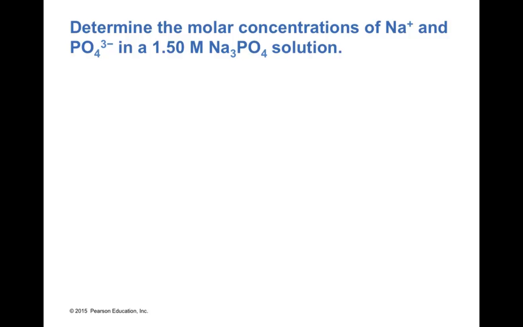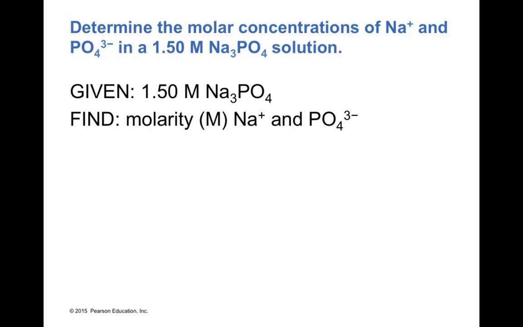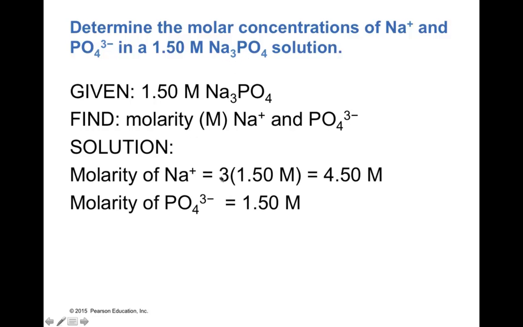What we have is the concentration of the sodium phosphate, 1.50 molarity, and we want to determine the molarity of sodium and the molarity of phosphate. The molarity of sodium: how many sodiums do we have here? We have 3. So we multiply that times 1.50, and this is the molarity of the sodium ions in the solution. It's not 1.50, it's 4.5, because we have 3 particles when it dissociates.